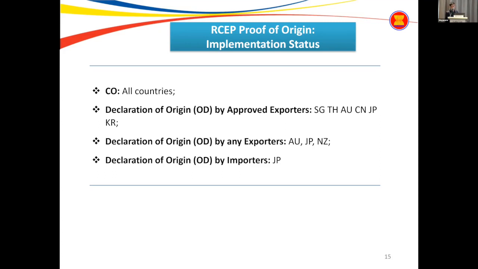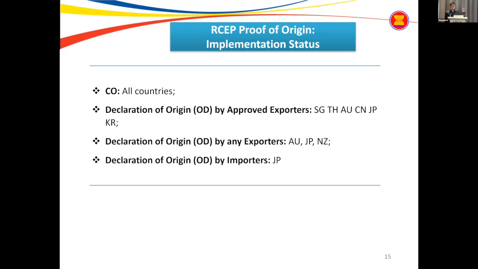You can see that even though the platform is already there, not all countries have implemented it. Because declaration of origin by an approved exporter can be implemented from the first day of the entry into force of the agreement. But declaration by any exporter only needs to be implemented 10 years after the agreement.